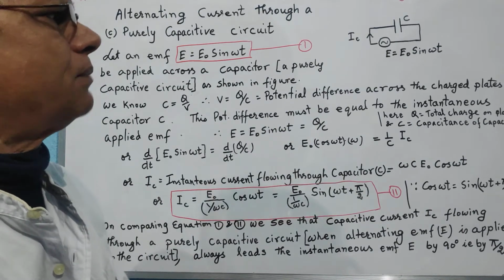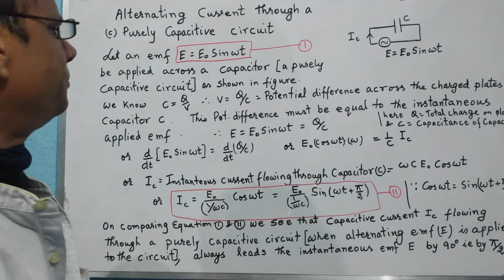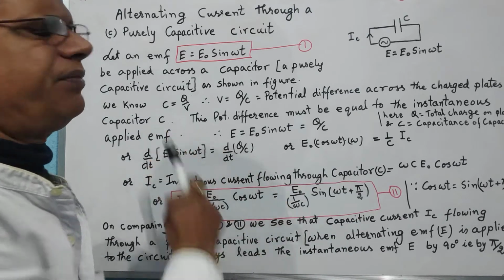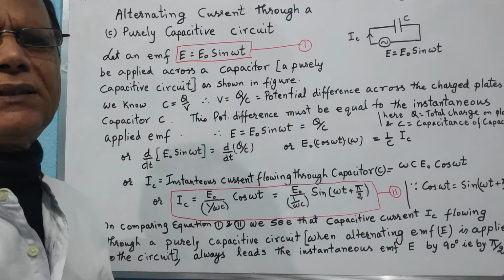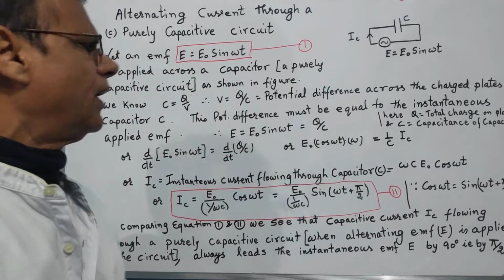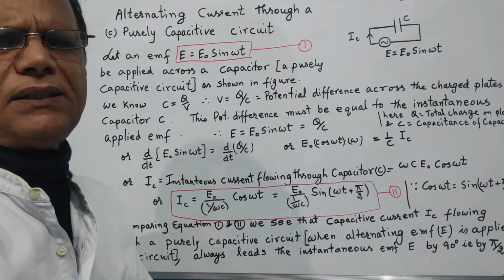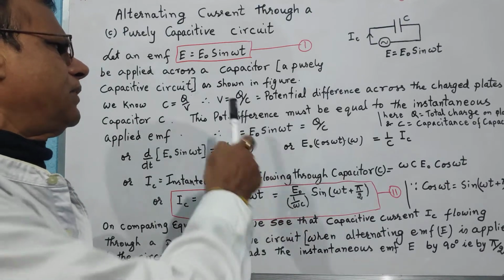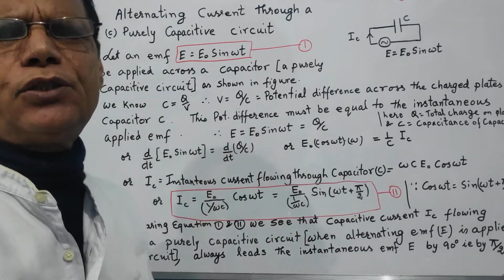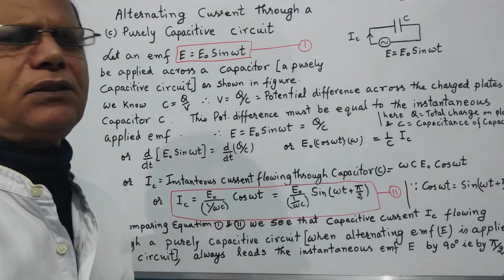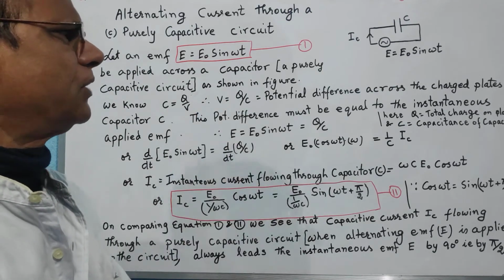C refers to the capacitance. From the basic definition, capacitance of a capacitor is defined as charge per unit volt, so we have C equal to Q by V, and from that V, the potential difference across the plates of the capacitor, is equal to Q by C, where Q is the total charge accumulated on the plate and C is the capacitance of the capacitor.